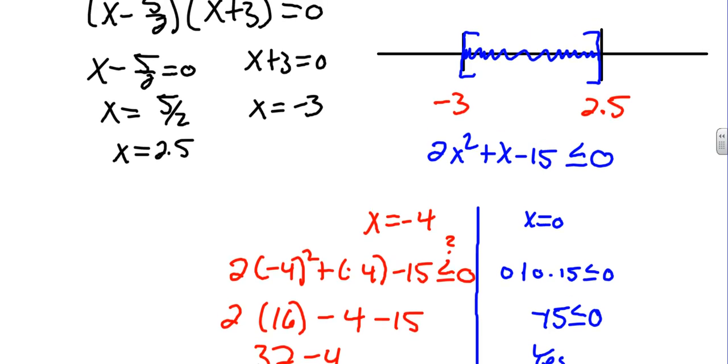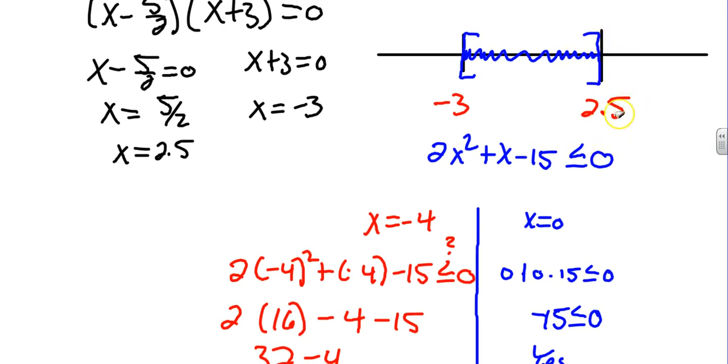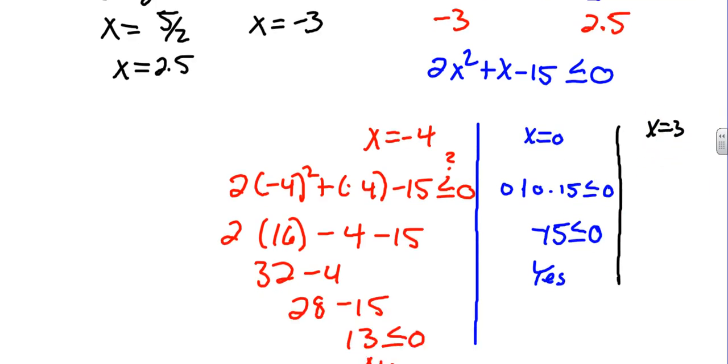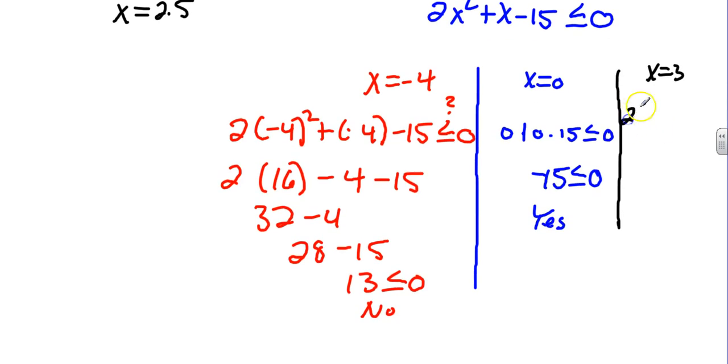Right, and if you check one more number, and again, if you want to pick 2.6, go for it. But I'm going to go a whole number. Let's pick x equals 3 and see what happens. As long as this is not too complicated of a problem, x equals 3 is probably not going to be true. Because we've got 2 times 3 squared plus 3 minus 15, is that less than or equal to 0? 3 squared is 9. 2 times 9 is 18.